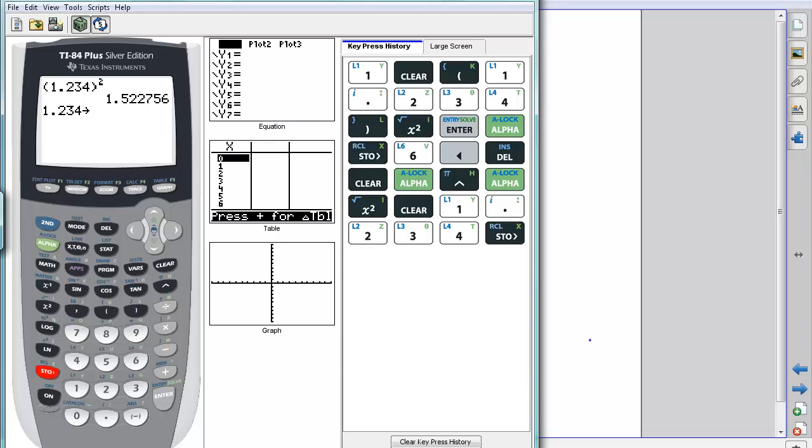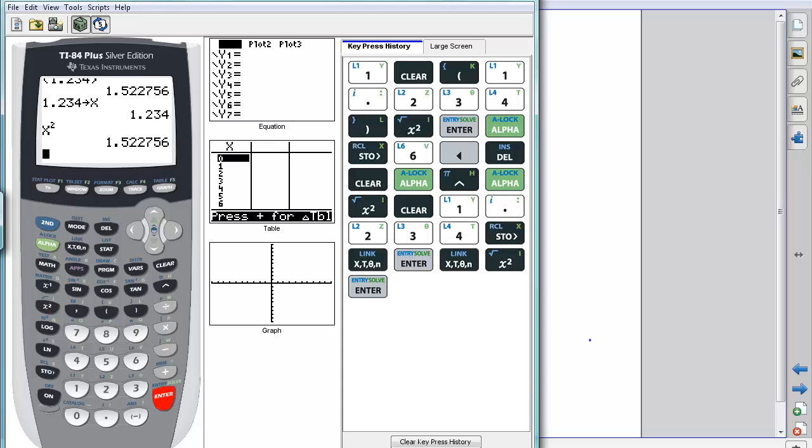So I can hit either alpha, see the little green X right there, alpha store, or I can just hit this button right here to get an X. What that does is say to the calculator, I want that to be X. So now if I want X squared, I can just hit X squared, and there it is.